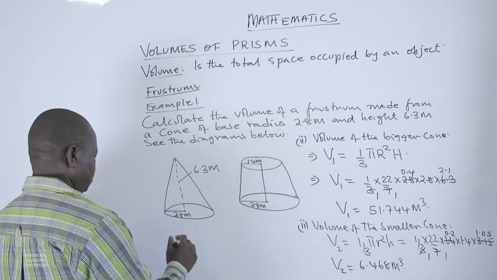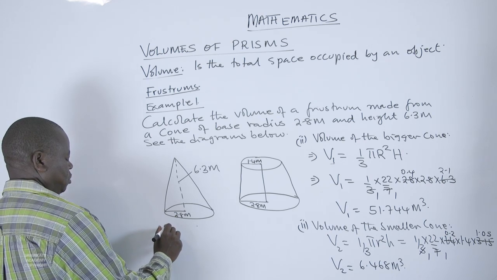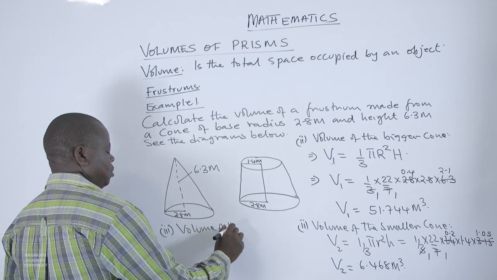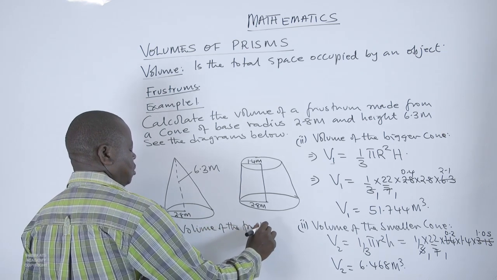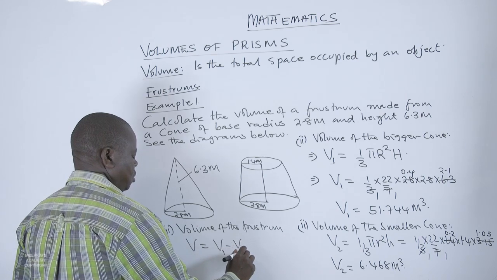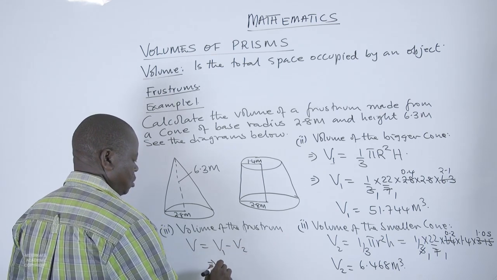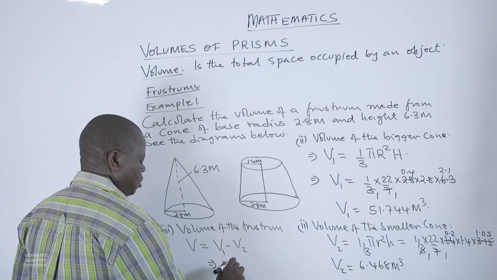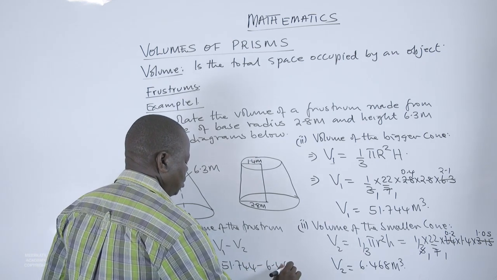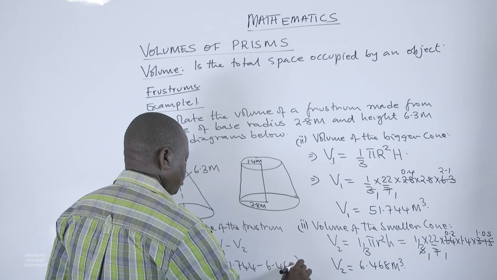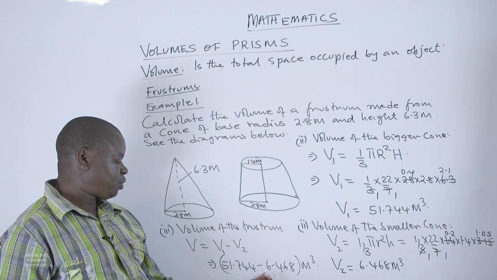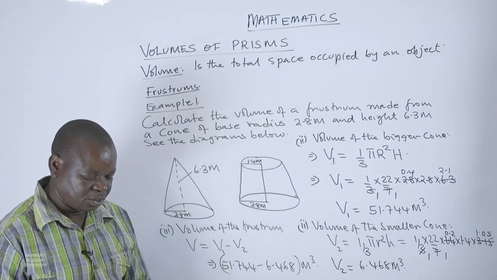and therefore we have 51.744 minus 6.468.